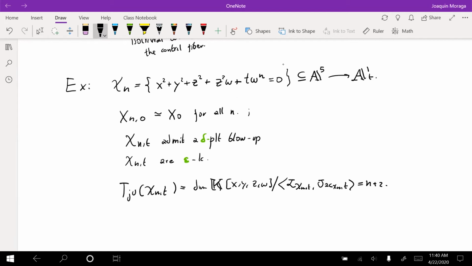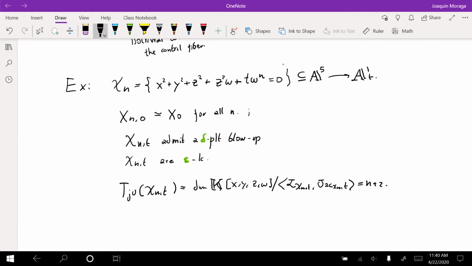So since the Tjurina number can tell apart analytic singularities, these singularities that appear in this family are actually not analytically equivalent.